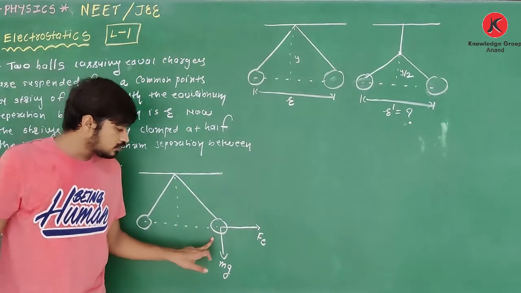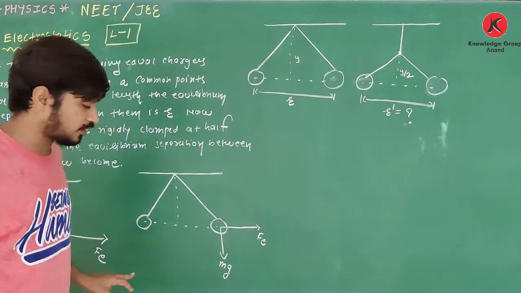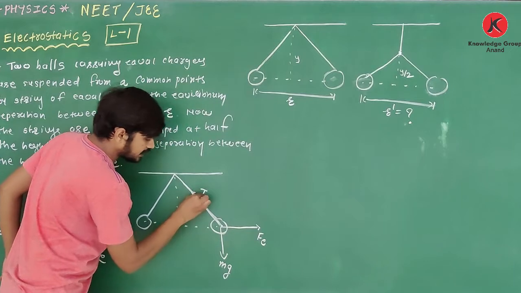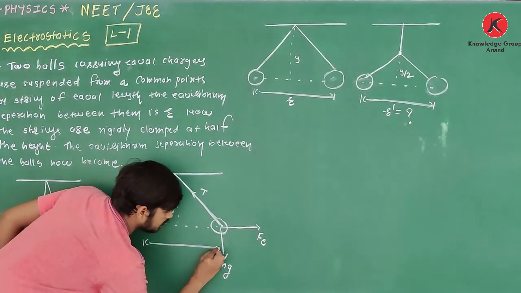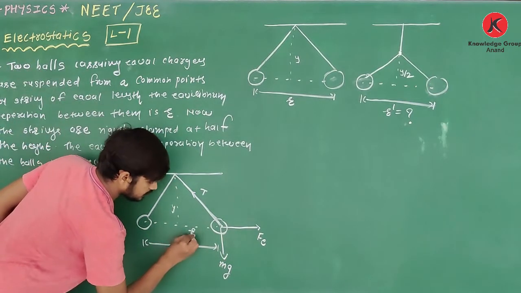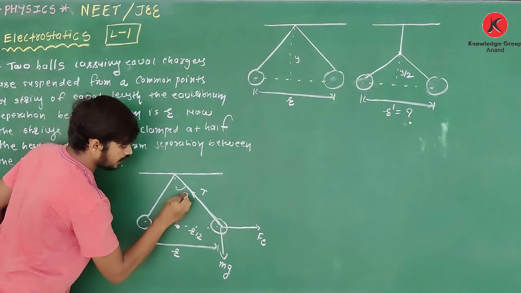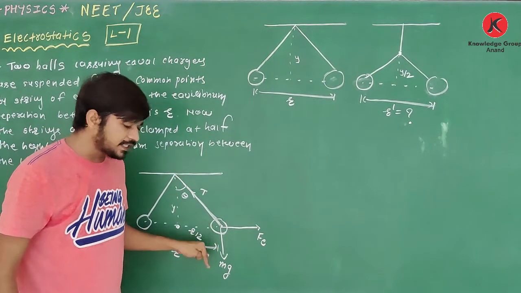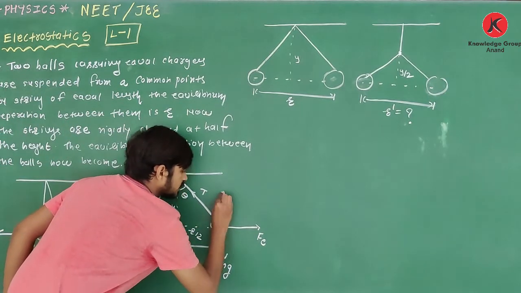We have to draw the free body diagram only for one sphere, because for the other sphere it will be the same. Then, as it is a string, there is tension T. Let this height be y and this distance is given as r, so obviously this distance is r by 2. I am assuming this angle is theta. So mg is in the vertical plane and Fe is in the horizontal plane. You have to resolve this T into two components.